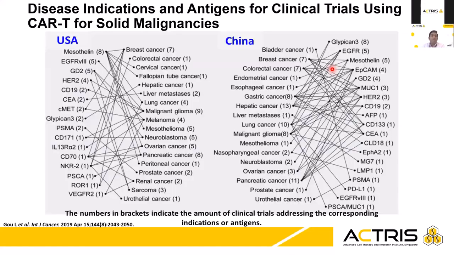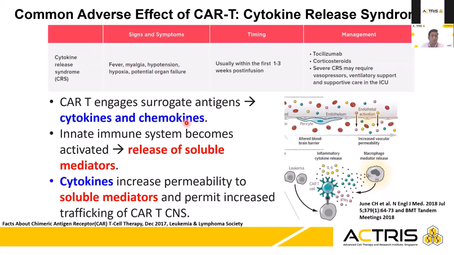When it comes to solid tumors, there are also significant efforts taking place. As you can see on the left-hand side and on the right-hand side, there are various targets being explored for CAR T cells, and diseases being targeted through them right now. We see a growing number of trials in the solid tumor space, but there are, of course, some limitations when applying CAR T cells to solid tumors.